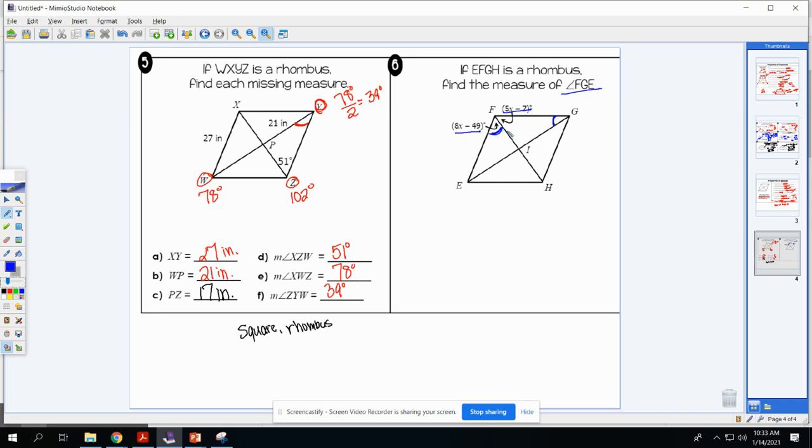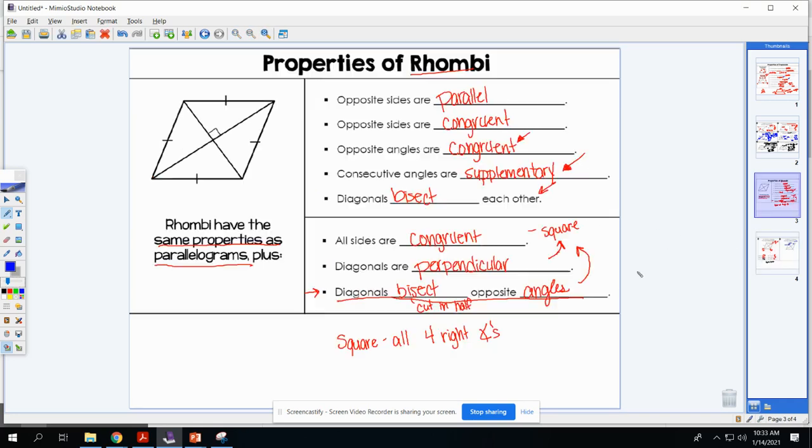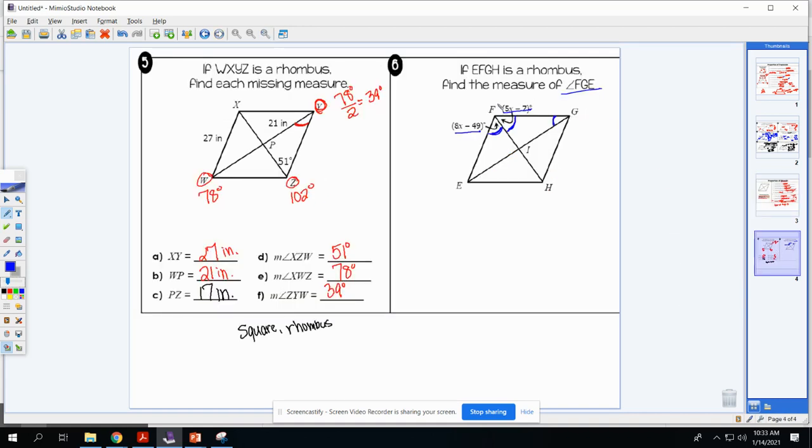What that means is we have to look at our properties and understand that the diagonals bisect opposite angles. So angle F, this full angle, was cut into two congruent angles.